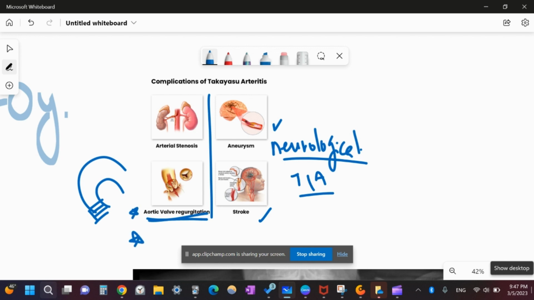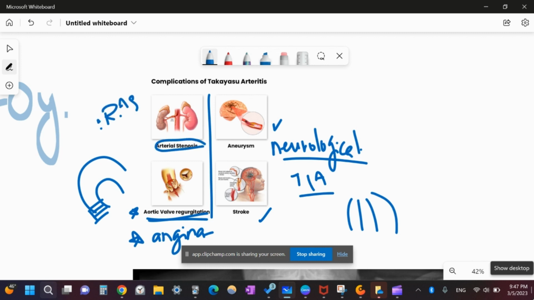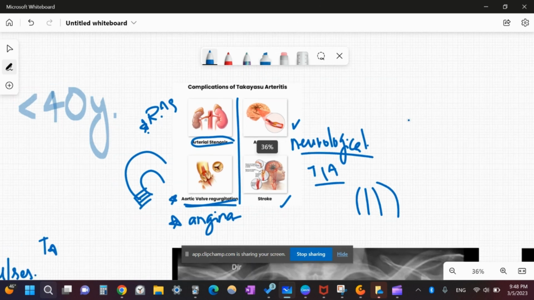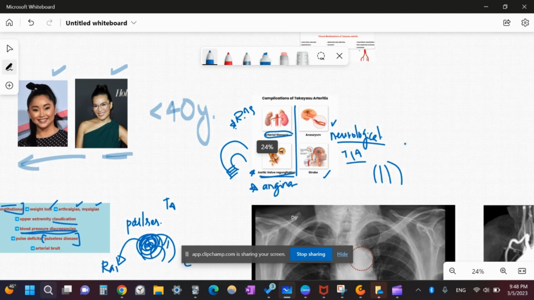One more thing you do want to think about is that some of them can actually present with angina, right? Because you already know that the coronaries are actually branches of the aorta itself, so they can have angina and they can present with renal artery stenosis. So this is a pretty wide range of presentation, and you always want to think about it in a young Asian woman.